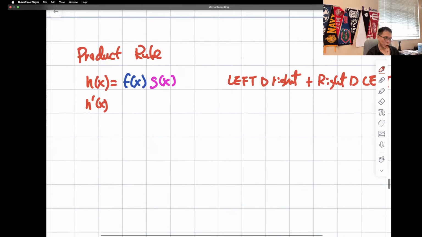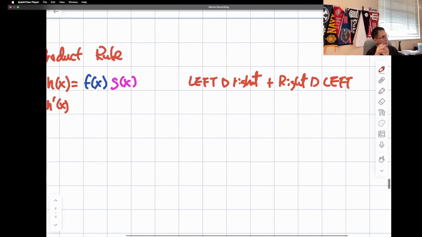It doesn't matter which order, because in this case it's addition. So if you do right d left plus left d right, it's not wrong. It's actually the same answer, because you add it. It doesn't matter if it's 2 plus 3 or 3 plus 2.